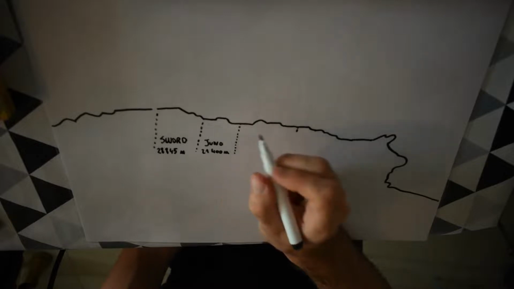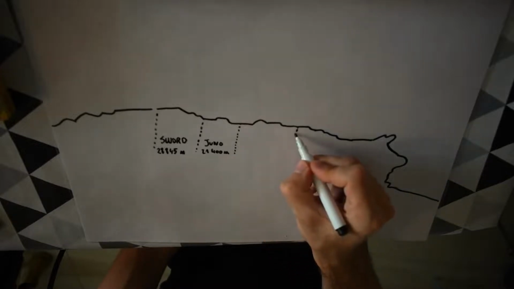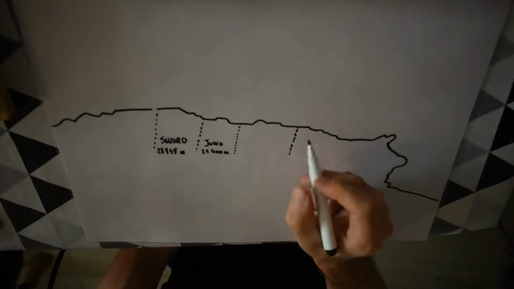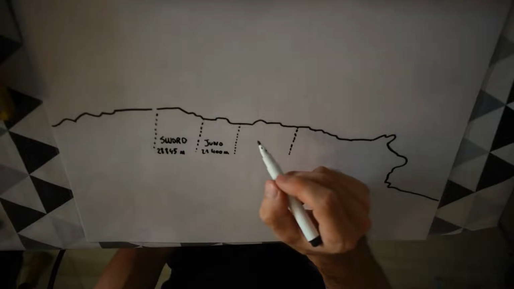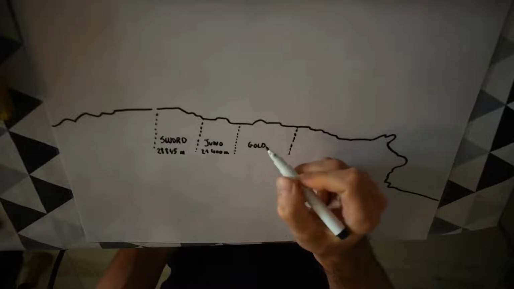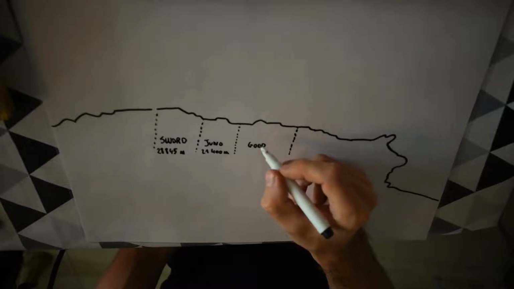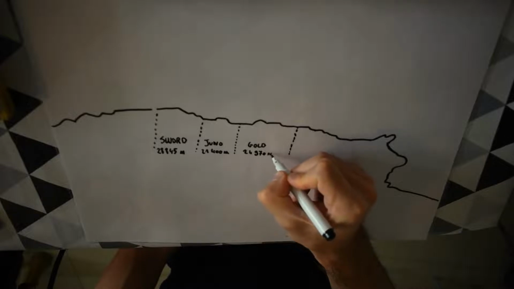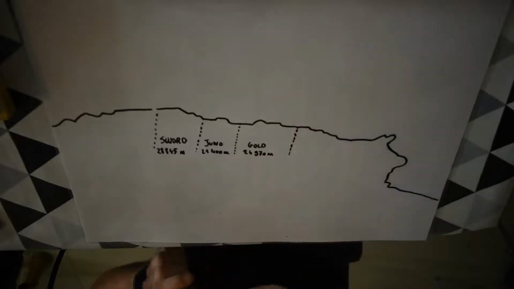And then the last nicknamed piece of beach, nicknamed by the English, British and Canadian forces, was named Gold. And at Gold Beach there were 24,970 men issued to attack.